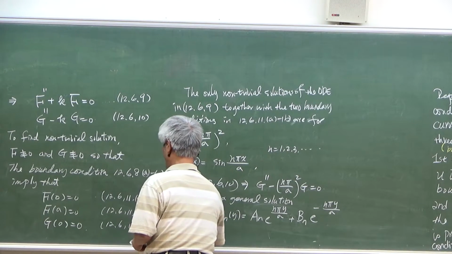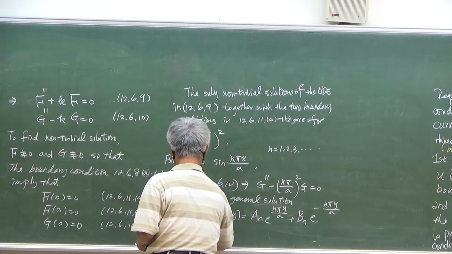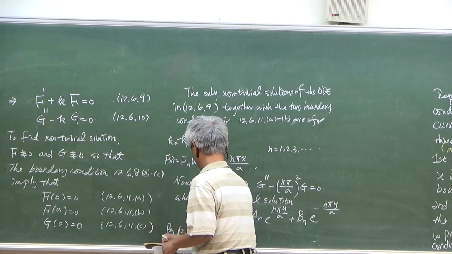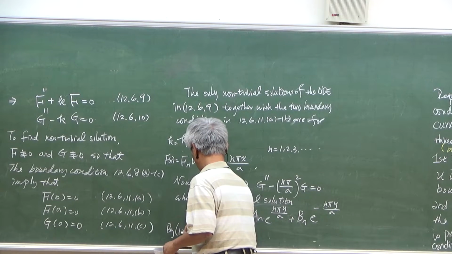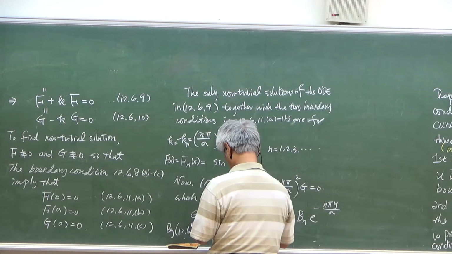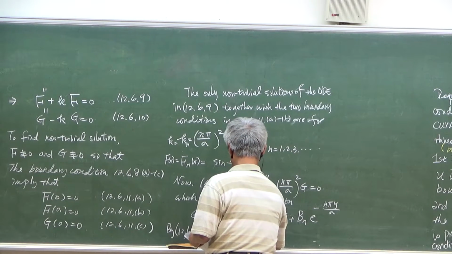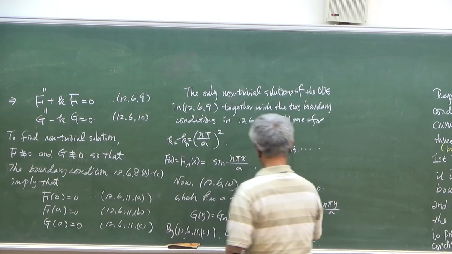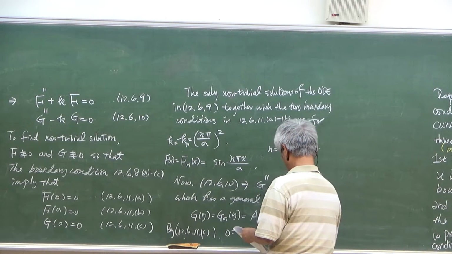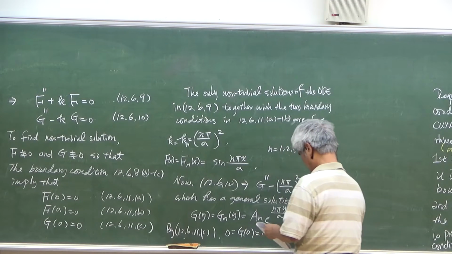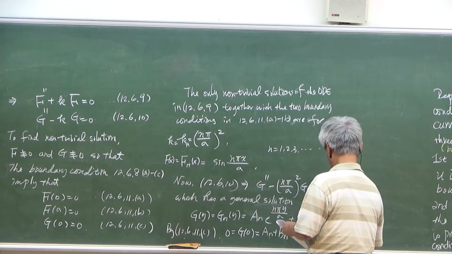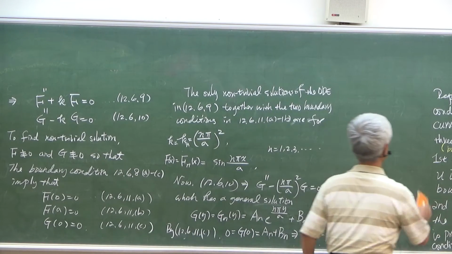Now, by 12.6.11.c, g of 0 equal to 0. So when y is 0, we have a_n plus b_n equal to 0. So this implies that b_n is equal to minus a_n.